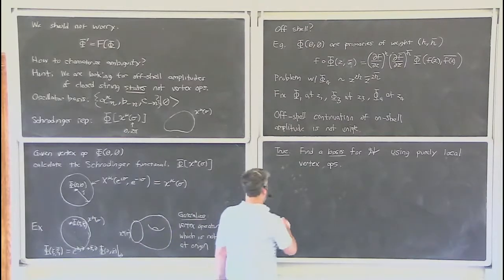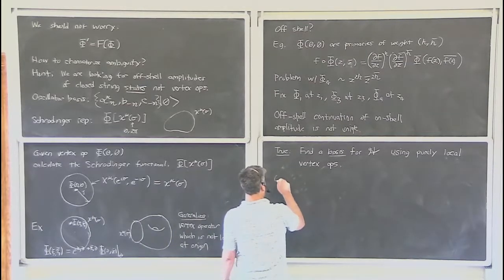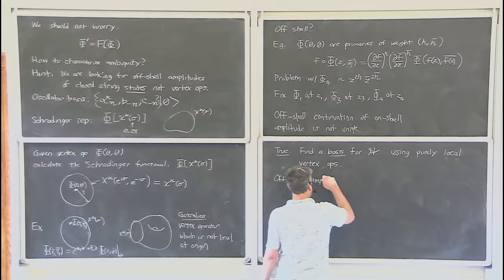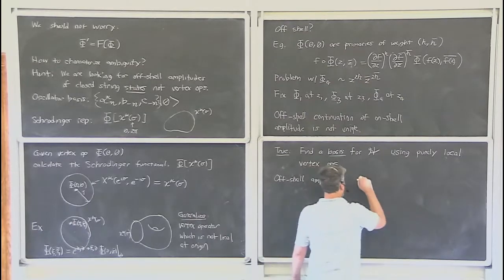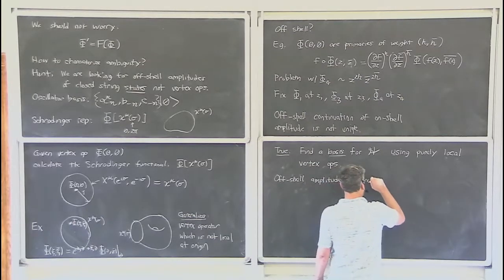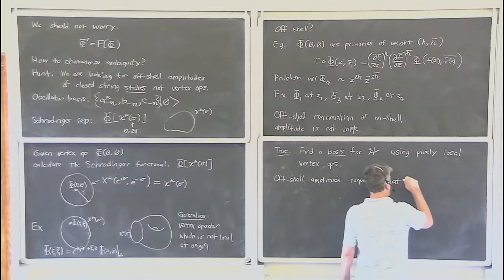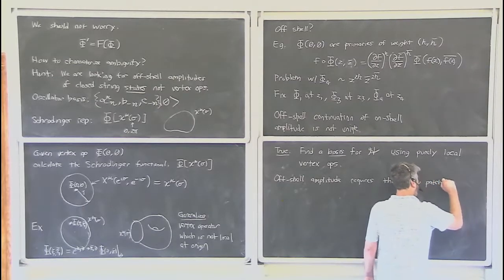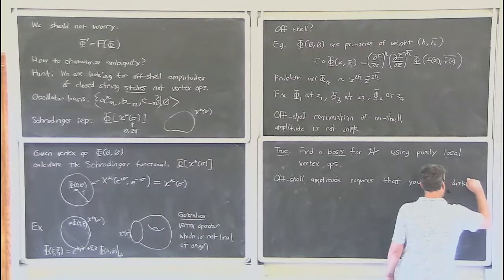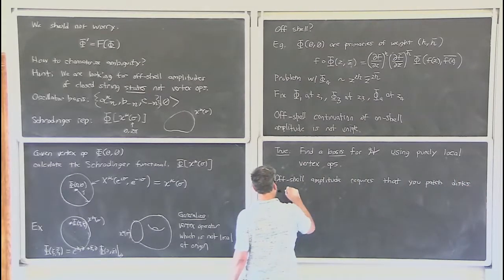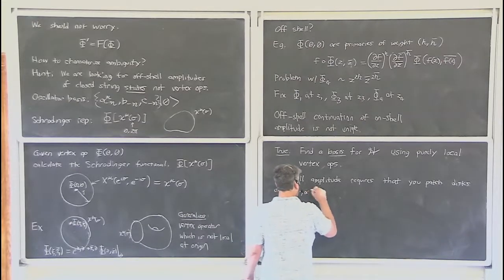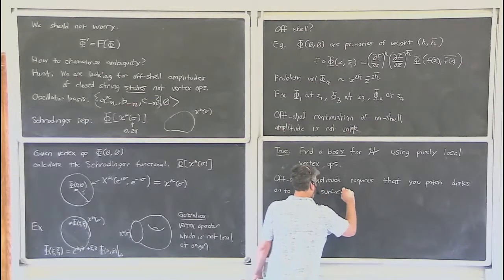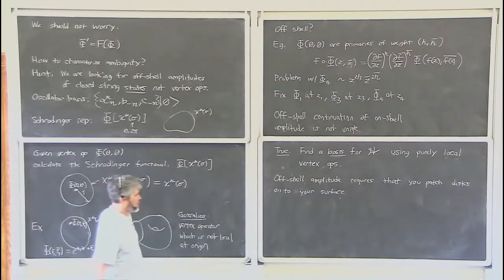So the question for the off-shell extension is, an off-shell amplitude requires that you patch disks onto your surface, not mark punctures.